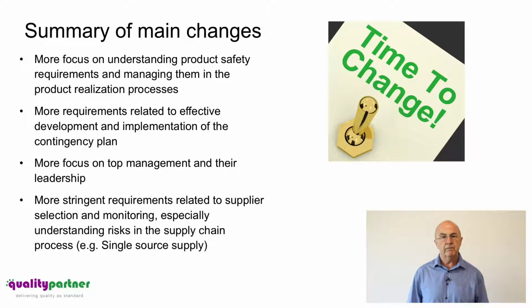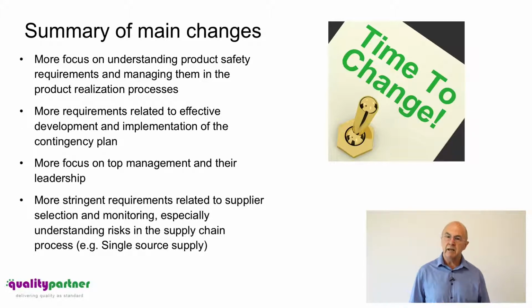The next point is about the role of top management. We can see within the ISO 9001-2015 model that top management are at the centre of the model, and it doesn't just talk about top management, but it talks about their role in terms of leadership. So really now there is no escaping from top management.